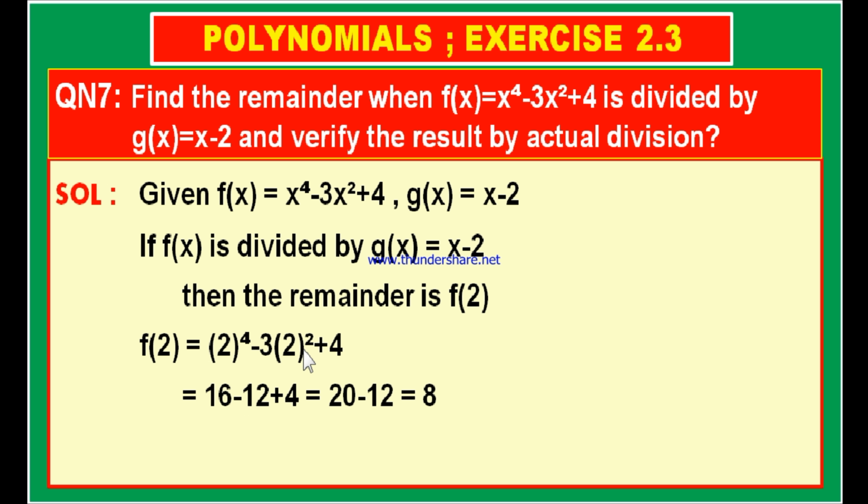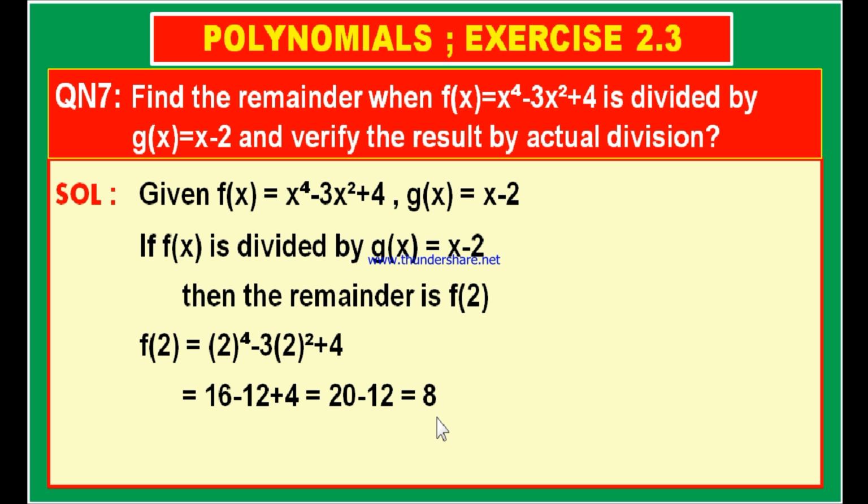Minus 3 into 2 square is 4, 3 into 4 is 12, and this is plus 4. 16 plus 4 is 20, and this is minus 12. 20 minus 12 is 8. Therefore, if we apply the remainder theorem to find the remainder when f of x is divided by x minus 2, we got the remainder as 8.